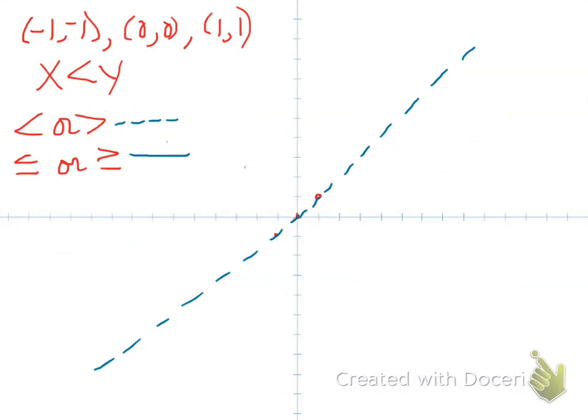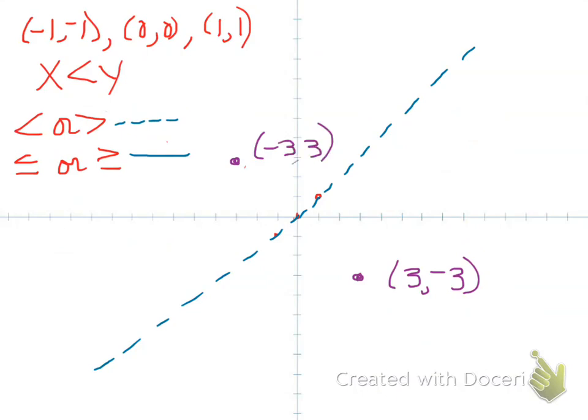I'm going to do 2 for you just to illustrate. How about we look at the point 3, -3. This is x is 3, y is -3. And then let's also look at the point x is -3 and y is 3.